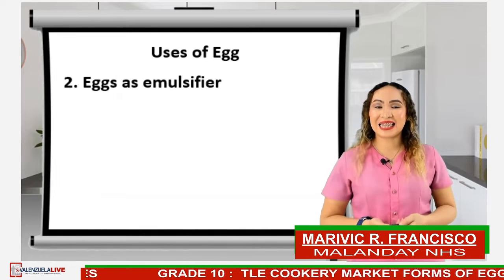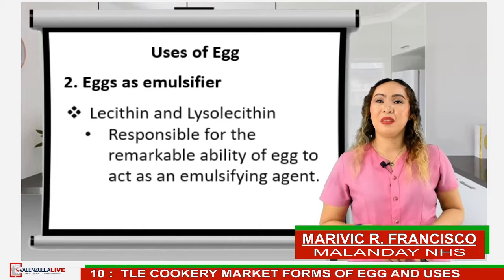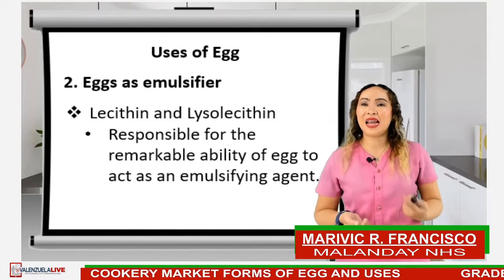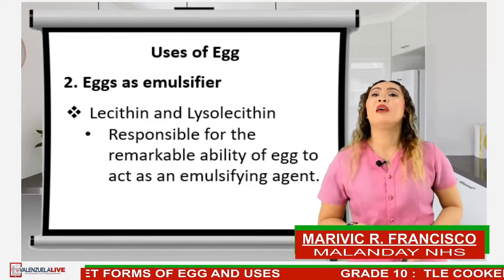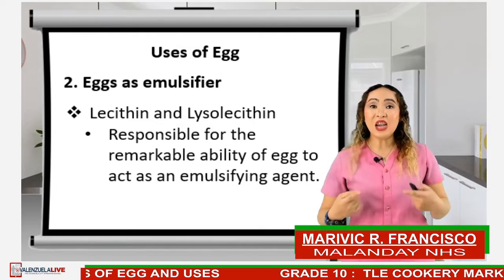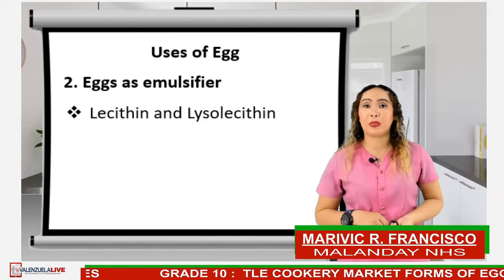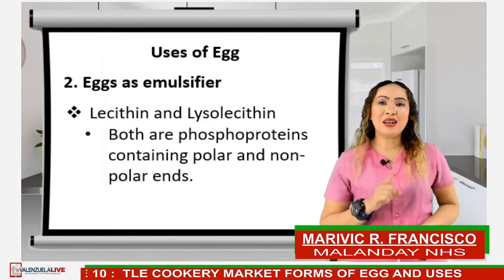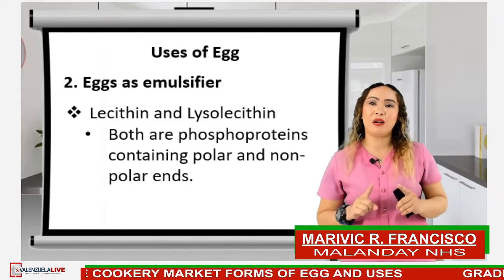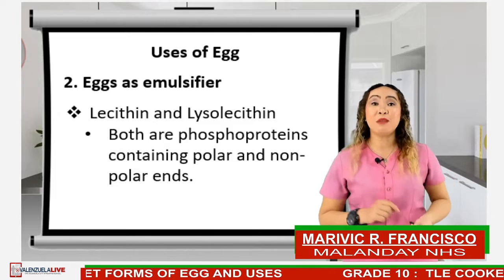Eggs as emulsifier. The lecithin and the lysolecithin are responsible for the remarkable ability of egg to act as an emulsifying agent. The lecithin and the lysolecithin are both phosphoproteins that contain polar and non-polar ends.